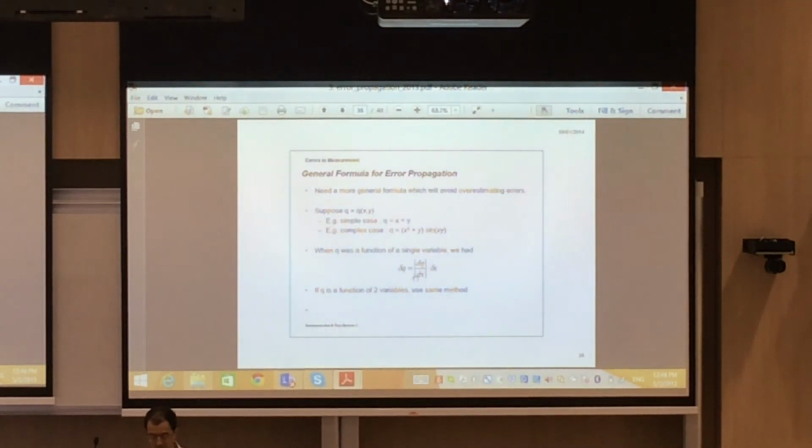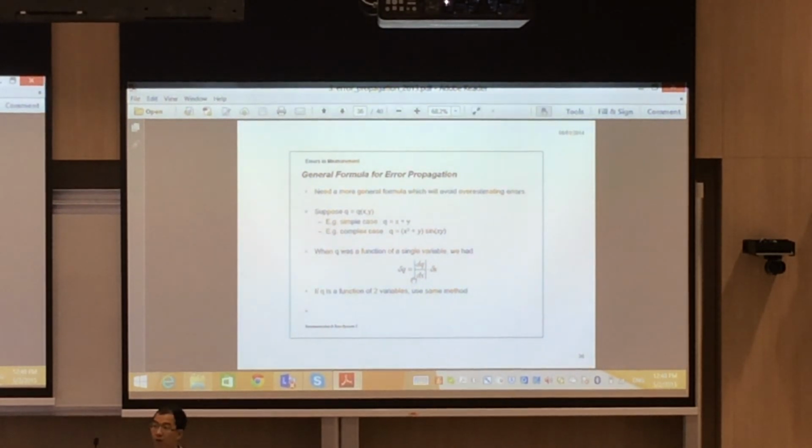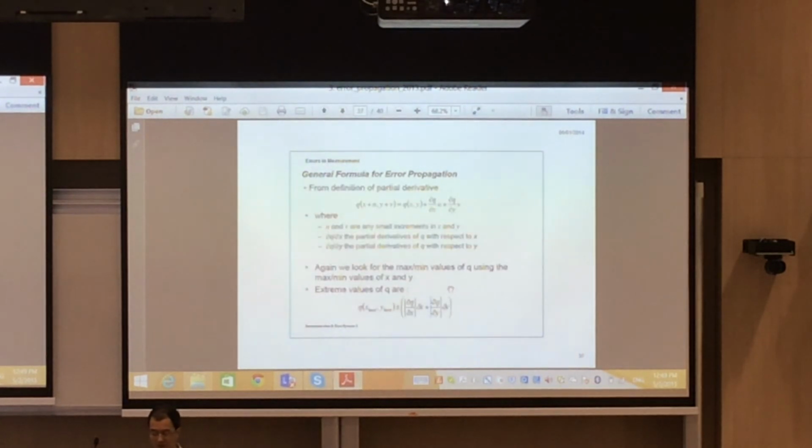Just as we discussed, delta q for a one variable function equals dq over dx times delta x. If it's a function of two variables, we can use the same method.